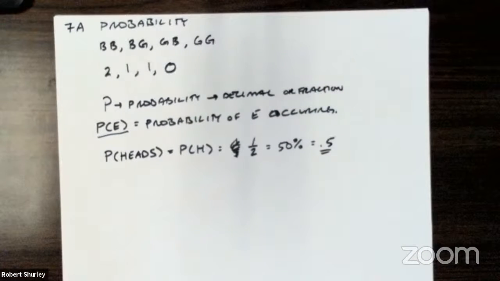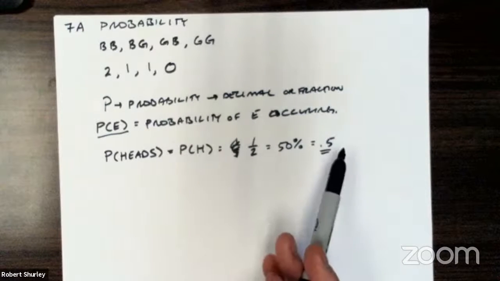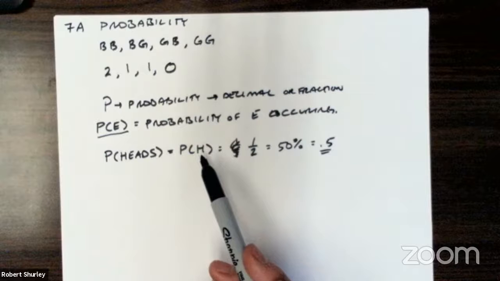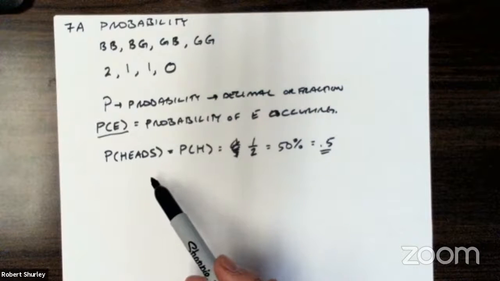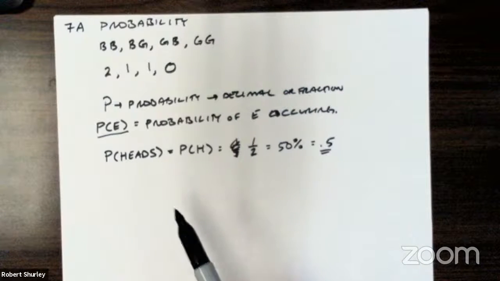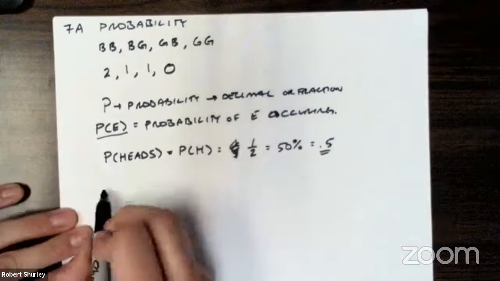Okay, 0.5. So we've got a 1/2 chance. If it's a fair coin and we flip it, the probability of landing on heads is going to be 0.5. And we know the probability of landing on tails is also 0.5, right? Now one might ask, what's the probability of landing on heads or tails?